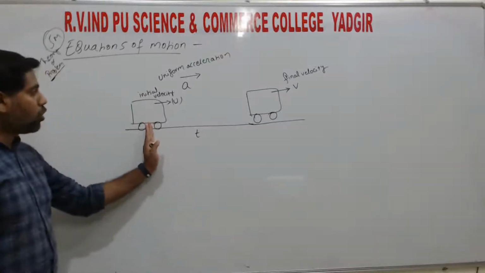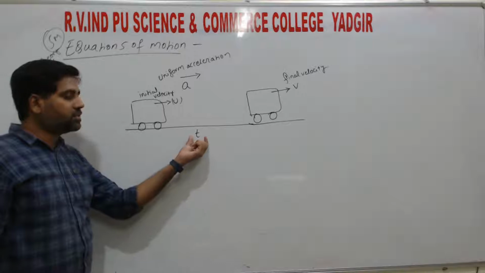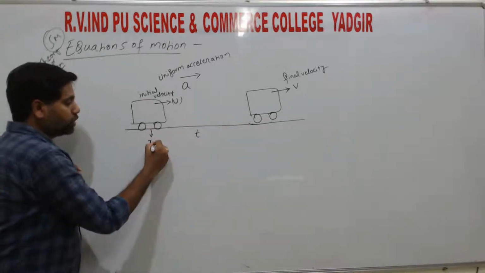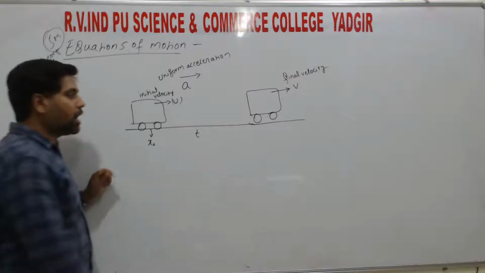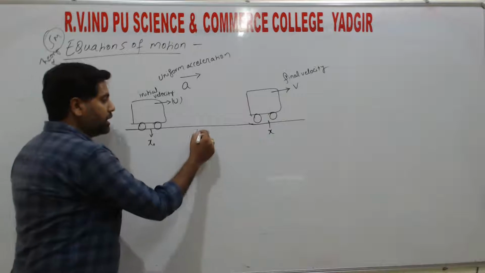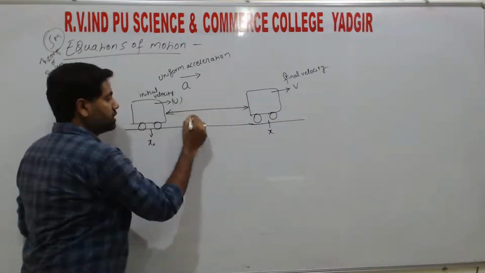As the object is moving with a certain velocity in a uniform acceleration and it takes a certain time, here the initial position is called x naught, and here the final position is called x. So in this time t, it covers the displacement, that is this distance.